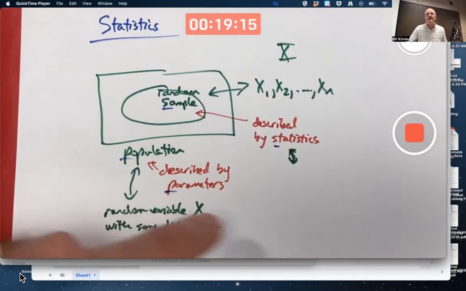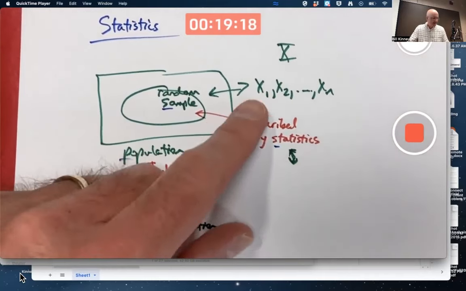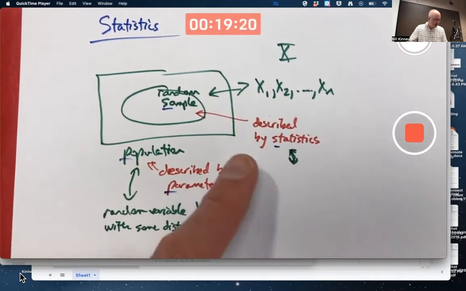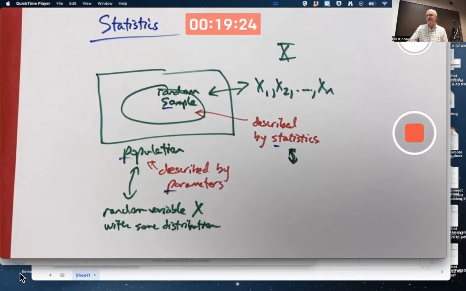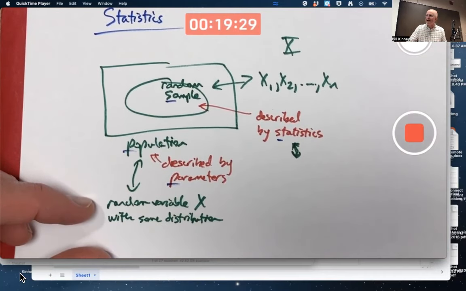I just don't bother. These are capital X's. It's a list of random variables that are assumed to come from the same distribution as X, and they're also assumed to be independent. That's a random sample for us.